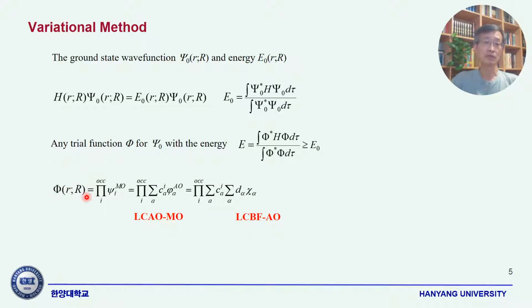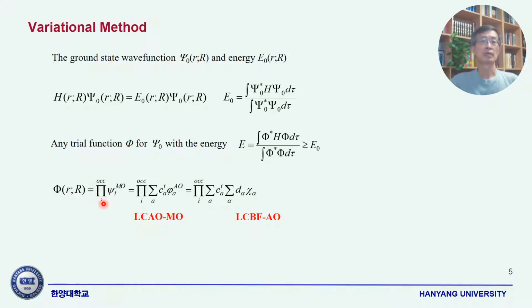So our trial wave function, with the nuclear coordinate as its parameter and as a function of the electronic coordinates, is a product of orbitals. Of course, we are counting only occupied orbitals for the ground state, from the lowest to the highest occupied molecular orbital.